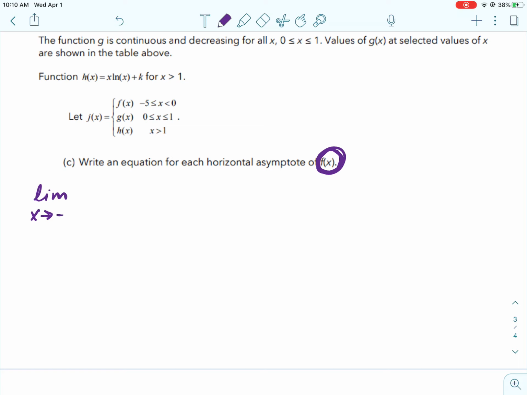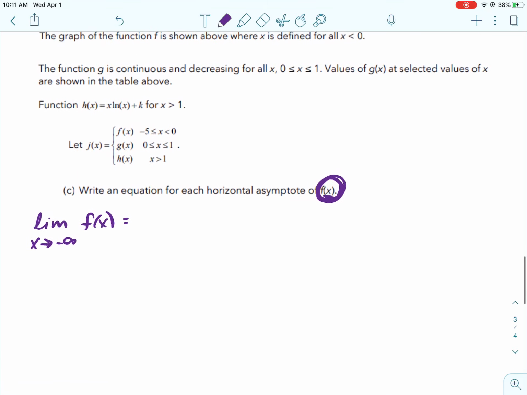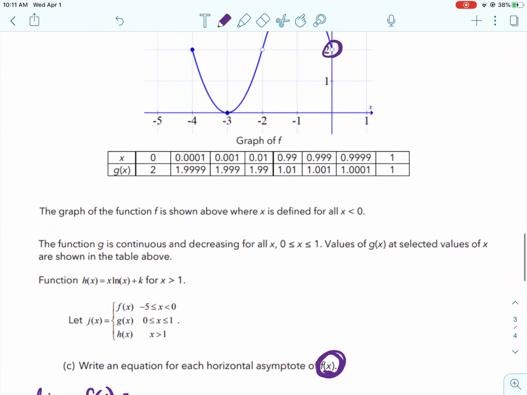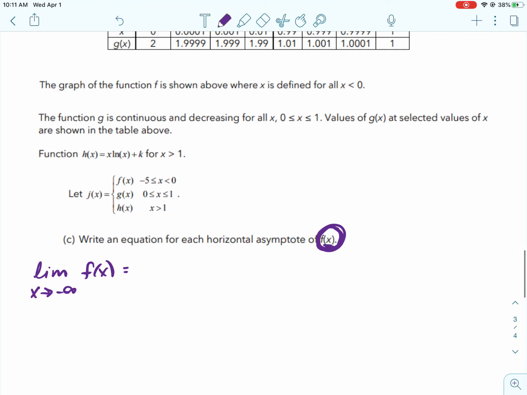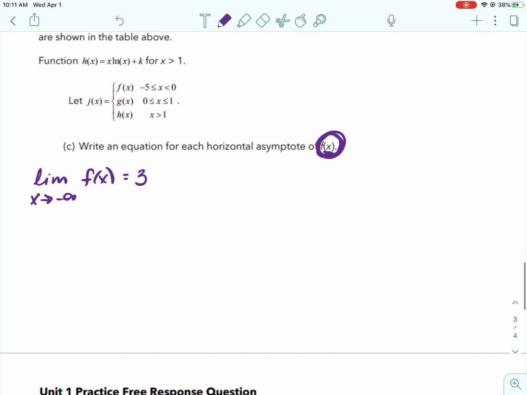So don't forget that we would want to use calculus and use limits to explain this. So to explain horizontal asymptotes with limits, we would say that the limit as x approaches negative infinity of f of x. Make sure you're using f of x because that's what we're talking about here. So you need to show that as x approaches negative infinity, going to the left forever, the graph is at 3.